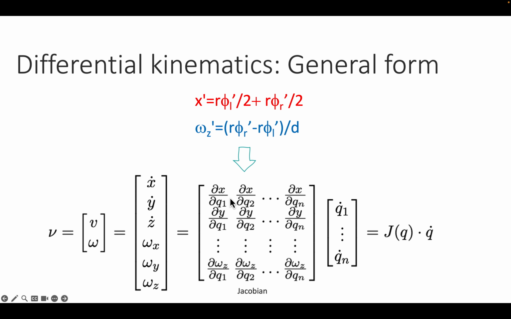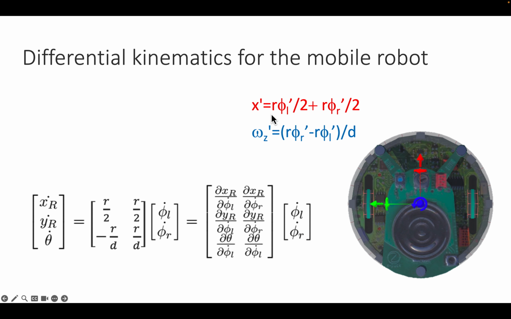and in the input we will have only 2 rows for the 2 motors. In this case we would have the partial derivative of x with respect to phi left dot, and then the partial derivative of x with respect to phi r dot. Now, in order to do this, let's look at these equations and take those derivatives.